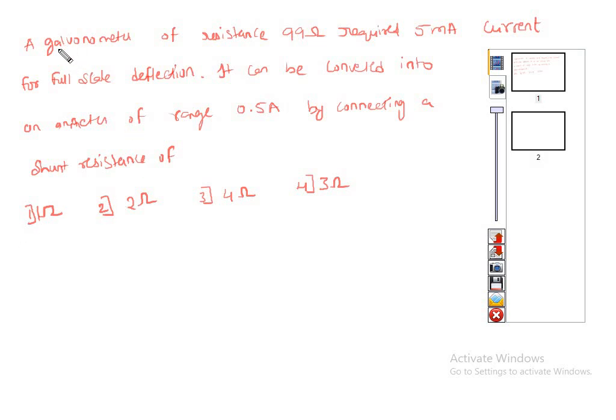So basically a galvanometer is connected with a resistance of 99 ohm and 5 milliamps current, full deflection.